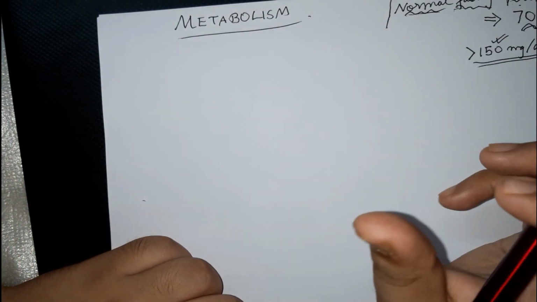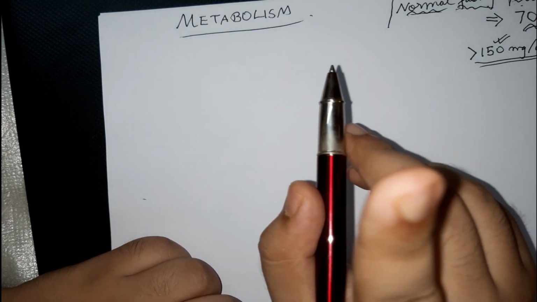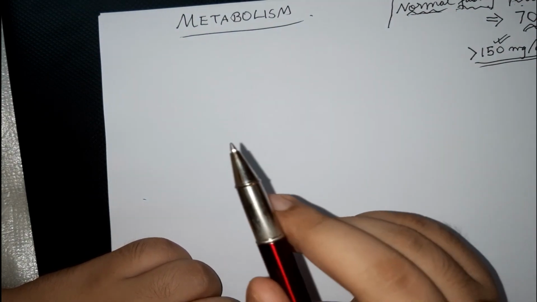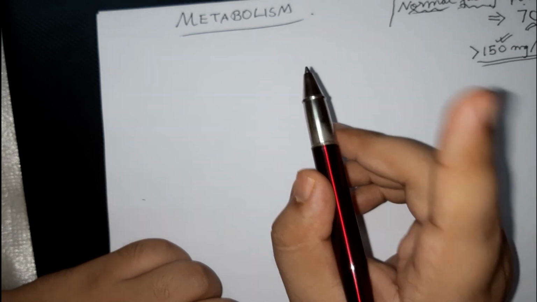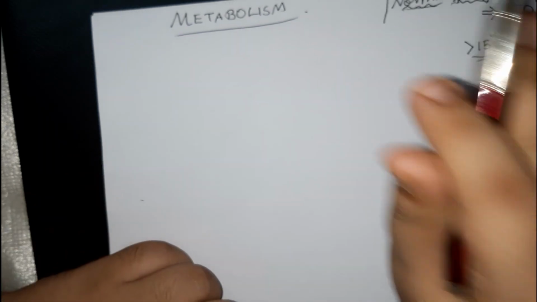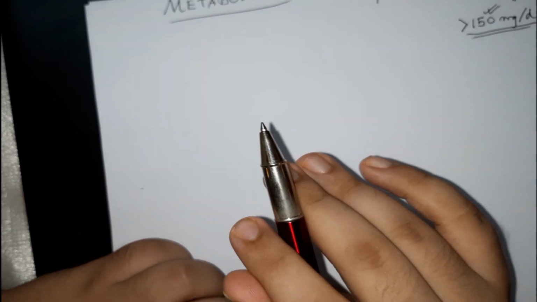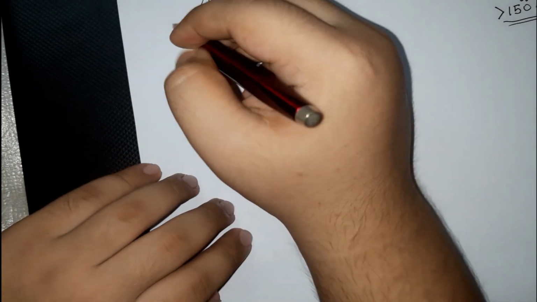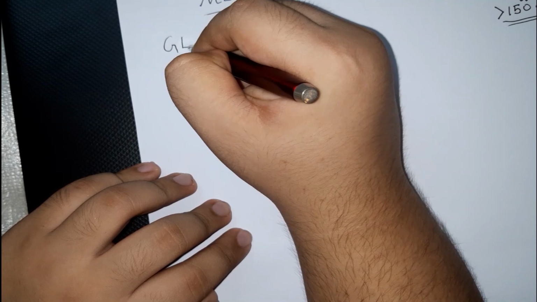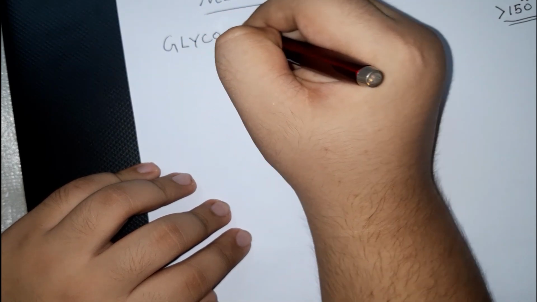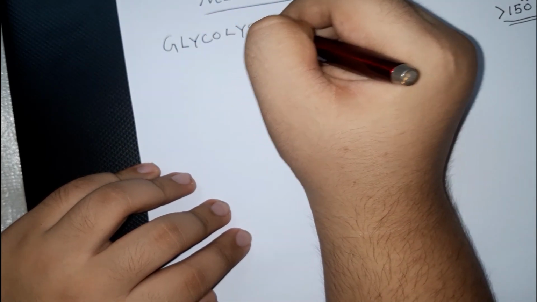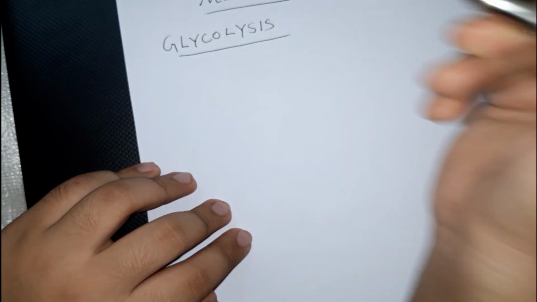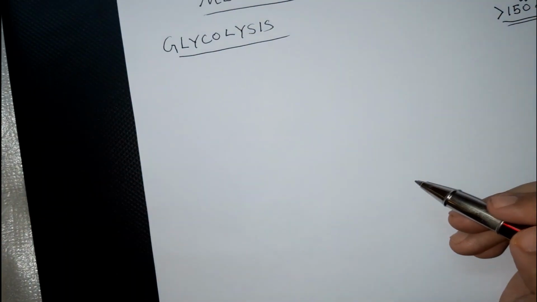Metabolism of glucose. The first biochemical pathway which glucose has to go through in every cell of a living person is this pathway which is known as glycolysis. Okay, glycolysis, very, very important.